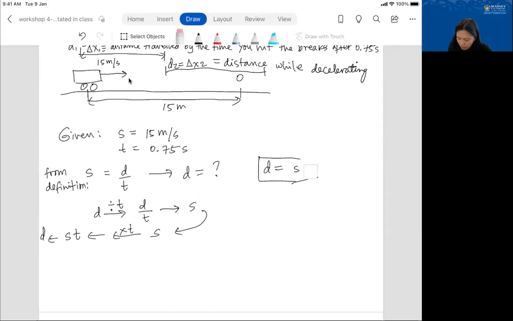So you can do that method that we learned for rearranging. But also, if you only have three variables, especially in this arrangement, s is equal to d over t, you can also use the mathematical rule that any number divided by itself is equal to 1.